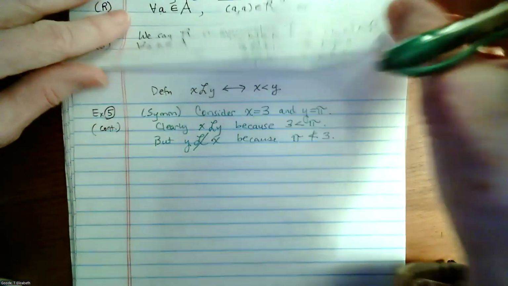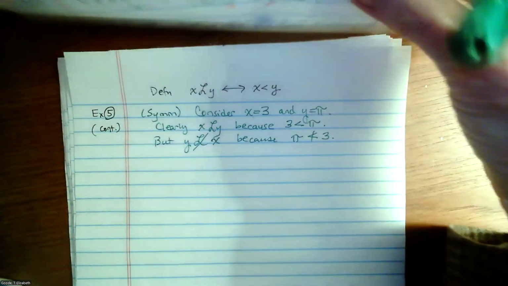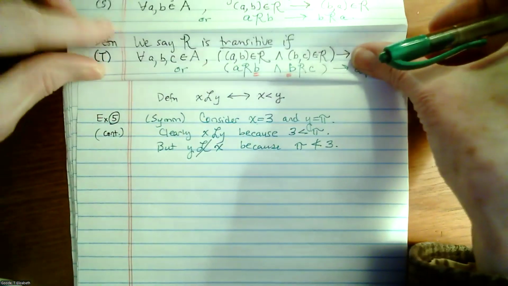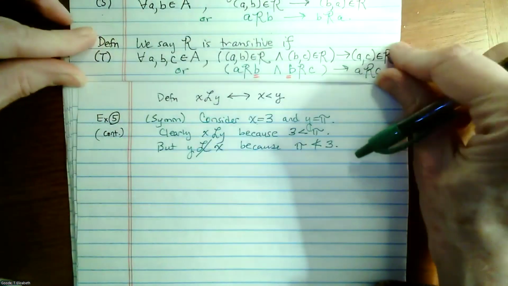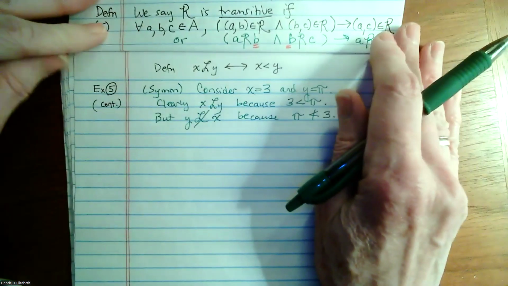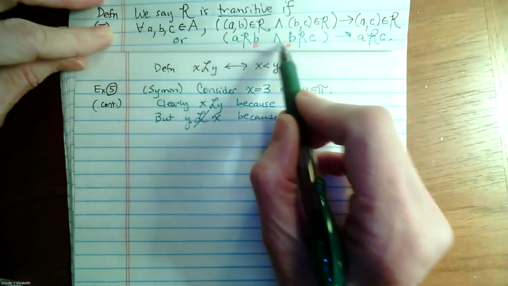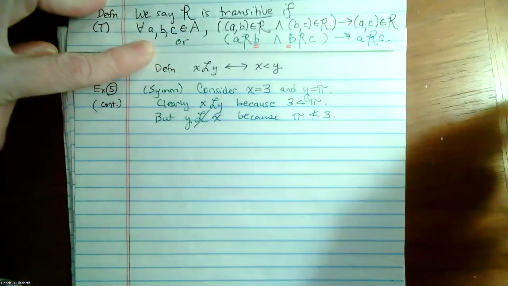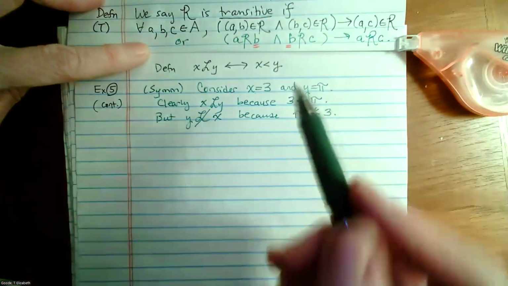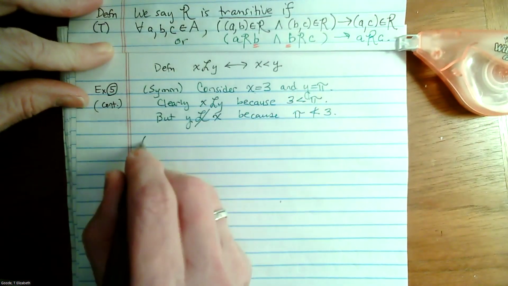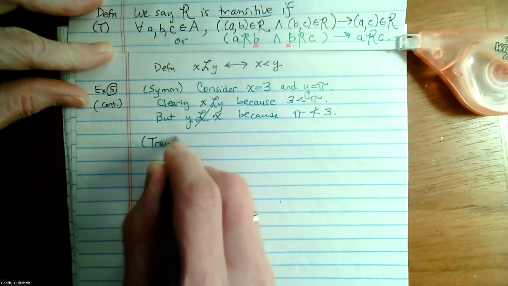All right, let's look at the definition of transitivity and let's check and see if the less than relation is a transitive relation. Here's our definition of transitivity. If A is related to B and B is related to C, we should be able to cross over on the B and say that A is related to C. So we're going to be playing that game with the less than relation. So let's just think about it.